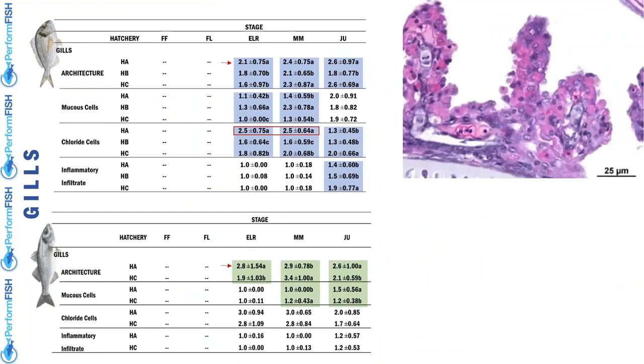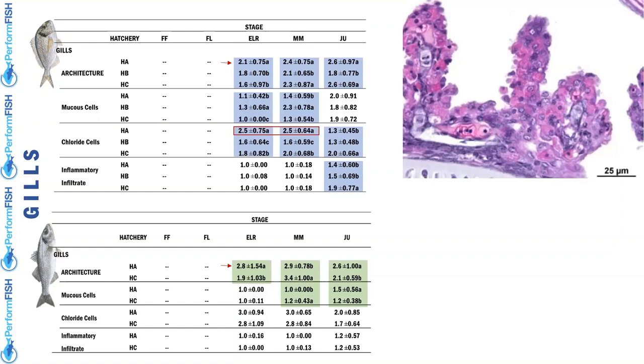Okay, let's analyze the data with respect to the different organs considered, in particular using the key. We can start from the gill. Due to the structurally poor differentiation of the gill in the first two stages, first feeding and flexion, the evaluation was carried out on the three other stages.